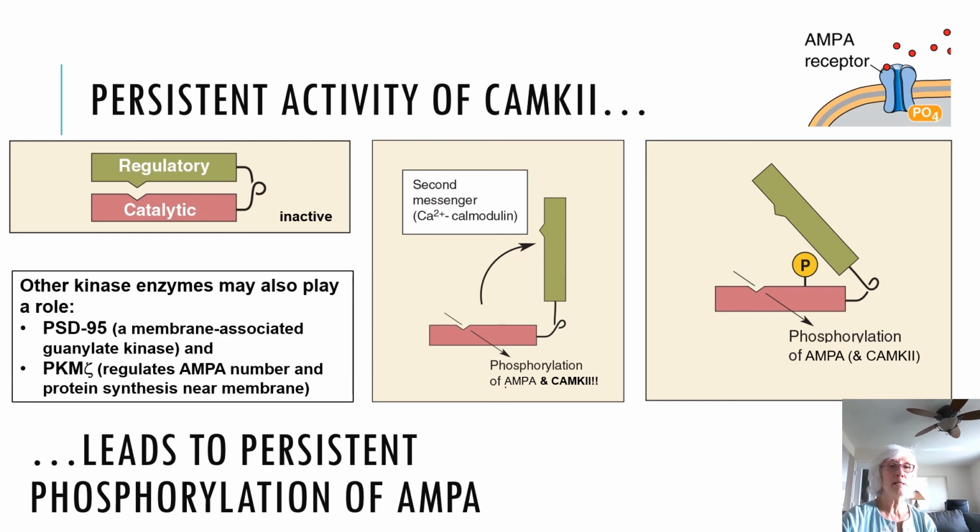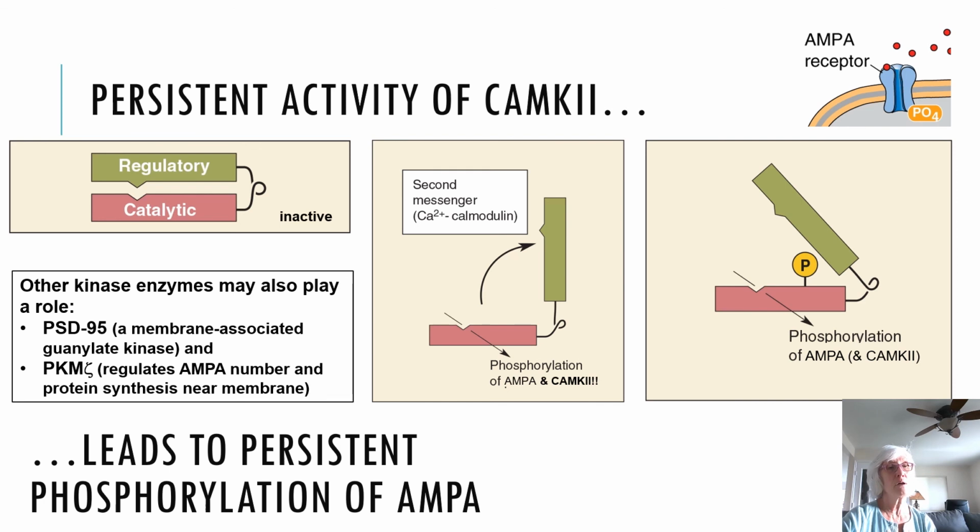Well, this slide is focusing on CAM kinase 2, and your textbook focuses on CAM kinase 2, other kinase enzymes also play a role in this permanence or persistence. A couple that your textbook mentions are PSD95, so this is on the postsynaptic density, that's what the PSD stands for, side of the CA1 cell, and this is a membrane-associated protein kinase.